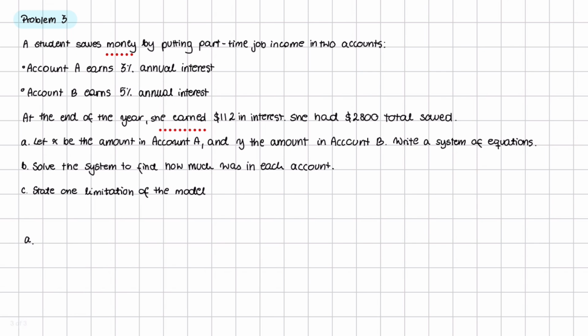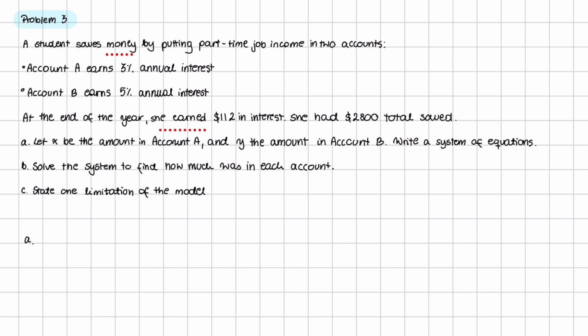Now problem 3. A student saves money by putting part-time job income into accounts, account A and account B, with different annual interest rates, and at the end of the year she earned $112 in interest. She had $2,800 total saved.